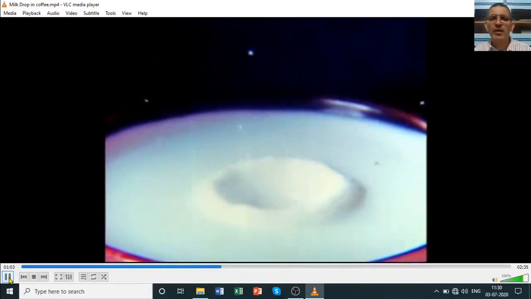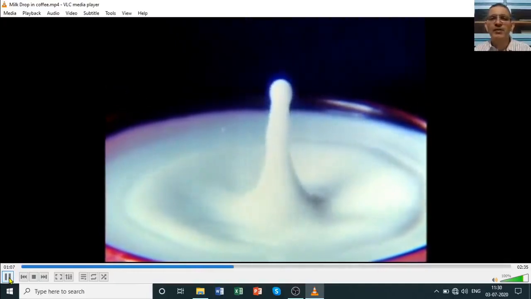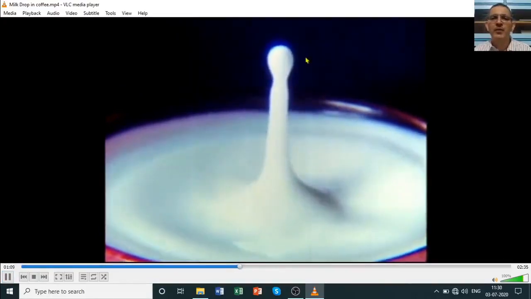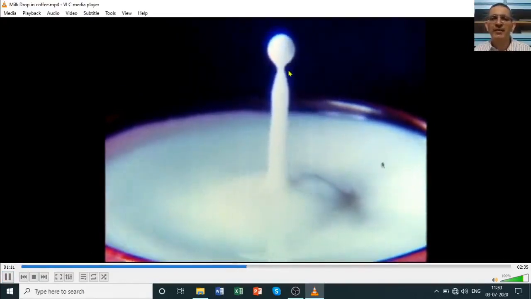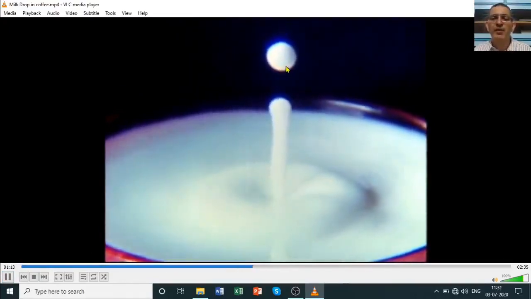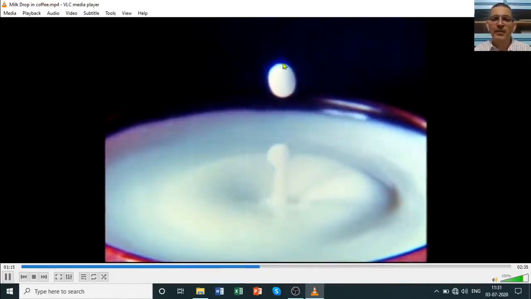Again the same crowning happens and a secondary jet is formed which ejects a drop by necking. A neck develops because of surface tension, and then this drop is formed. So flow of fluids is an everyday phenomenon, but the situation can be very dramatic, very remarkable.